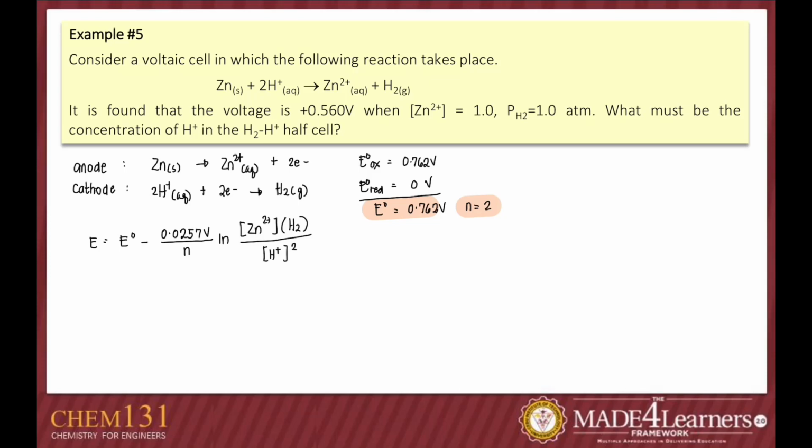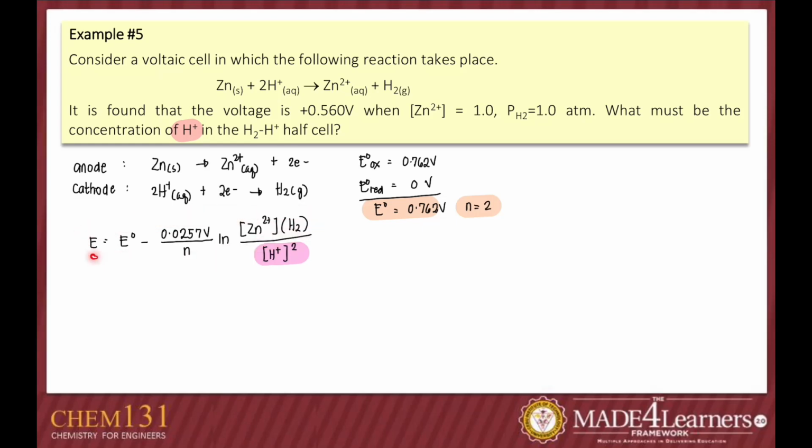We do not include zinc anymore because that is a solid. And we are now going to substitute. This time, take note, remember that what we are looking for is the concentration of H+. That is our unknown. Basically everything else here is already given.